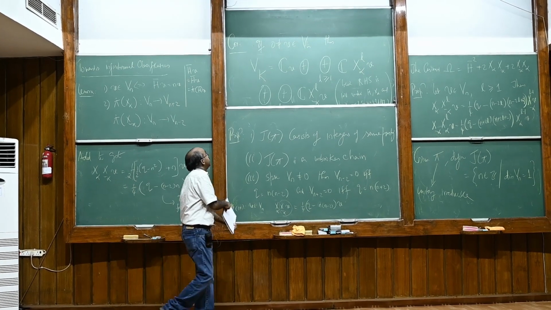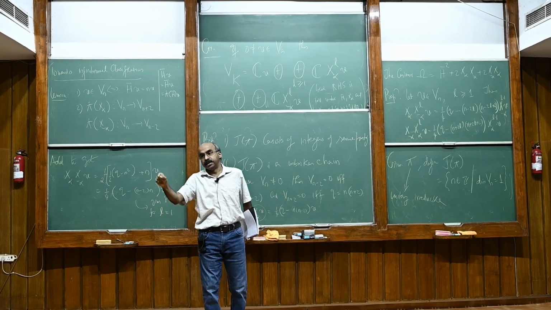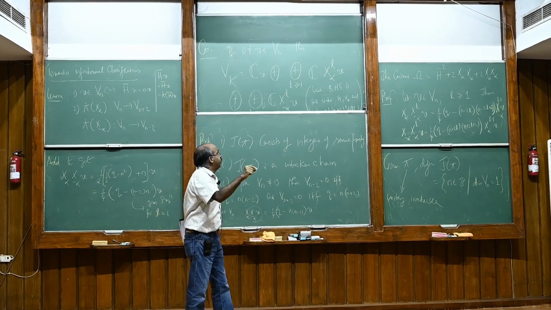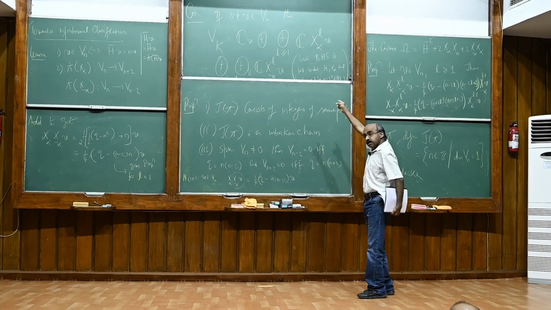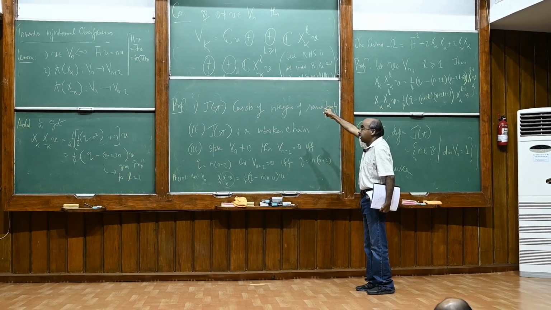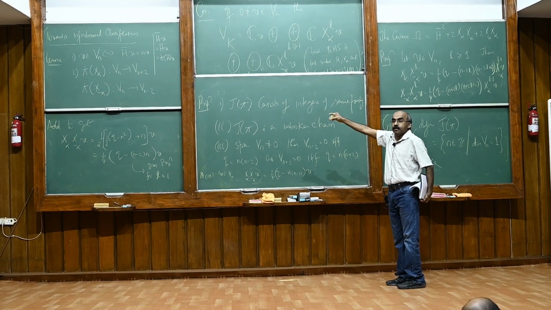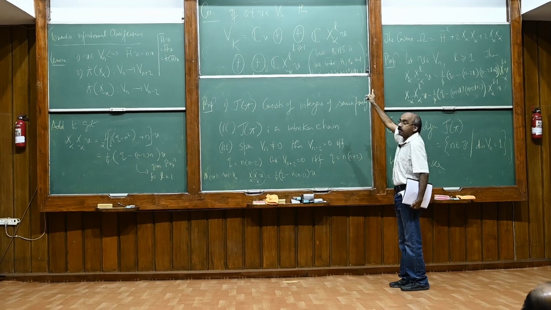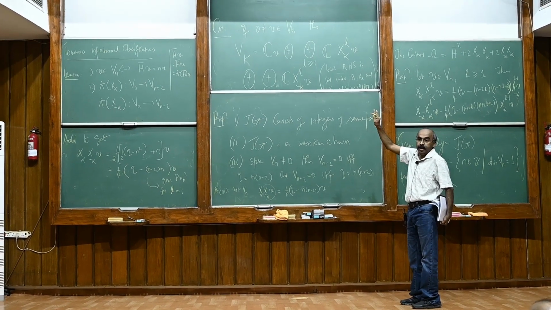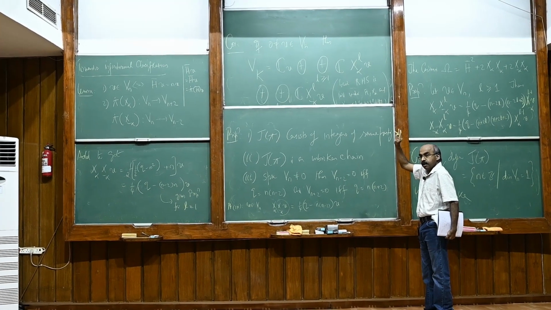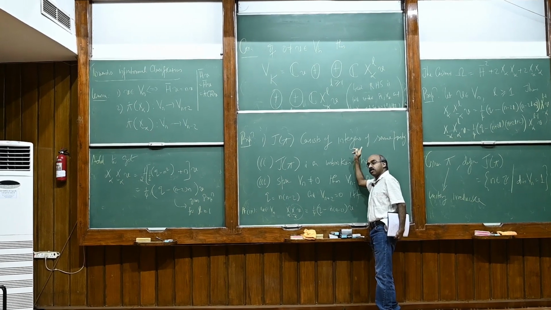So I start with any non-zero vector in Vn, which appears as a dimension 1 space. You take a non-zero vector and then form the space. So this space is invariant under the Lie algebra action, because it's invariant under x bar, x alpha, and x minus alpha. So it has to be the whole space V sub k because of irreducibility. So that tells me that you can't have integers of different type.